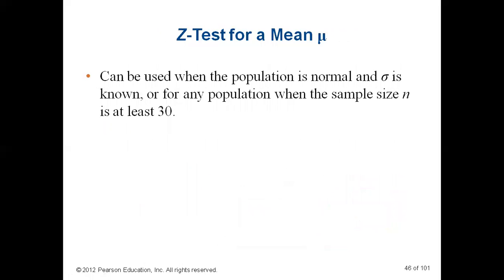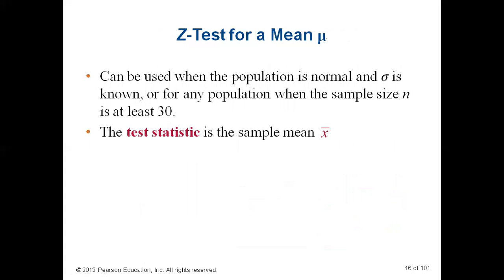The z test for the mean can be used when the population is normal and sigma is known, or for any population when the sample size n is at least 30. If the sample size is 30 or greater, then we are following a normal distribution.